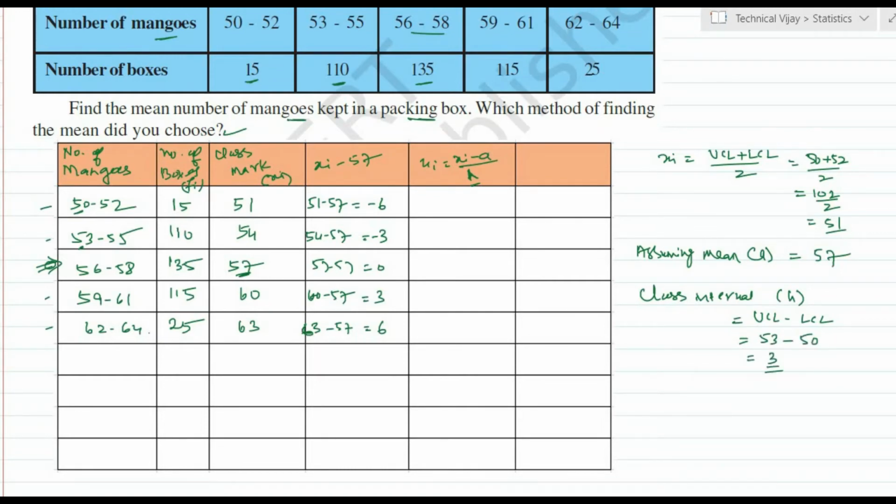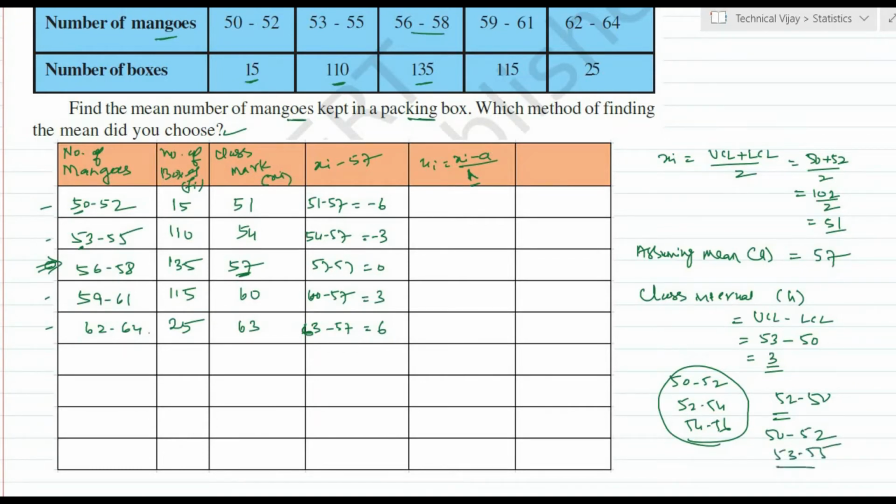So that is equal to 3. Because in the earlier problem, suppose it was 50 to 52, 52 to 54, 54 to 56, if it was like this, then we can take 52 minus 50 as the class interval. But here, see, there is a gap: 50 to 52, after that 53 to 55.